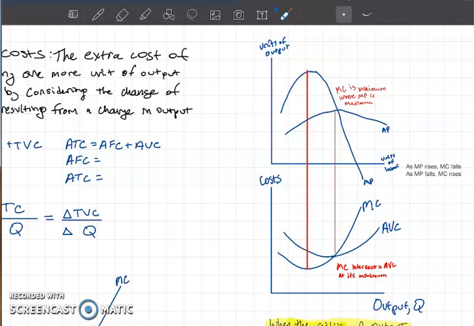So what can we attribute these mirror shapes to? All of these cost curves and product curves have a similar origin for why they are shaped the way they are, and that is diminishing marginal returns. This can be explained with our pizza shop.